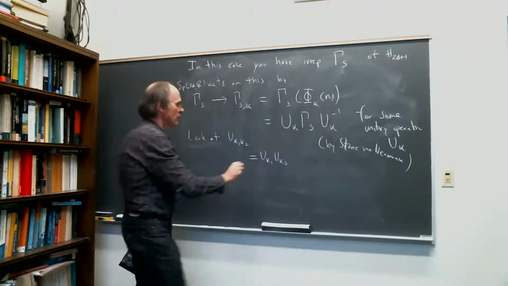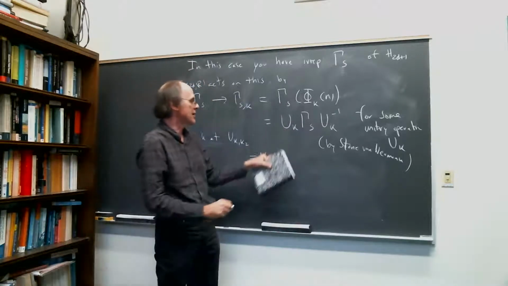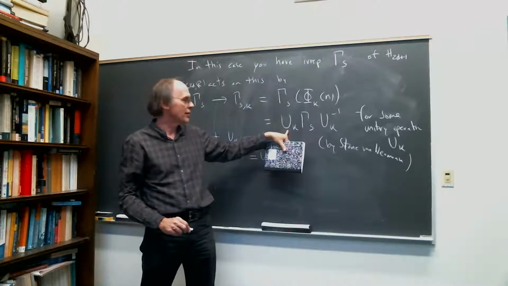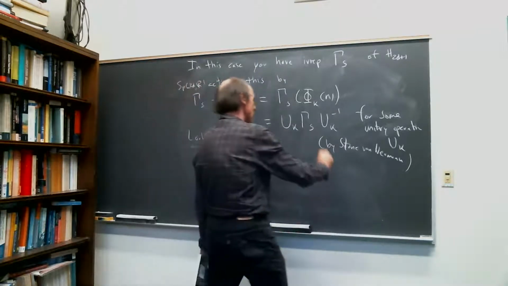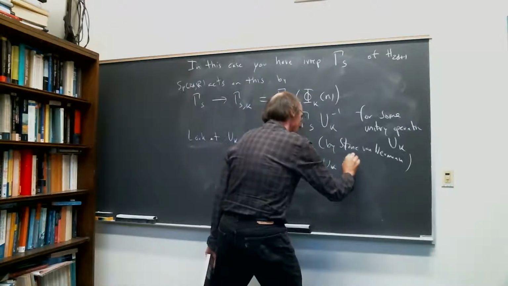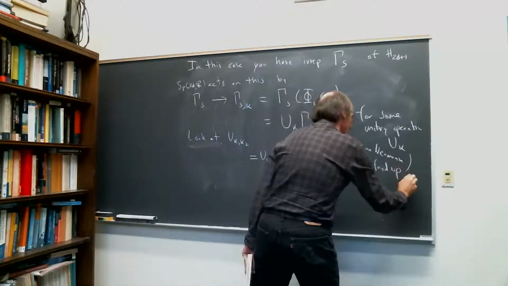But the problem is that these U_k's are not uniquely defined. This condition doesn't really tell you quite what U_k is, and by Schur's lemma, U_k is only defined up to a scalar.